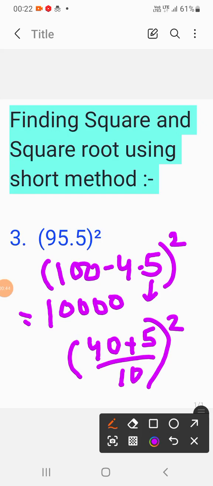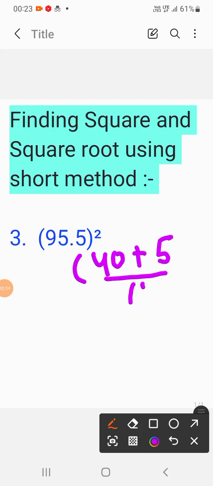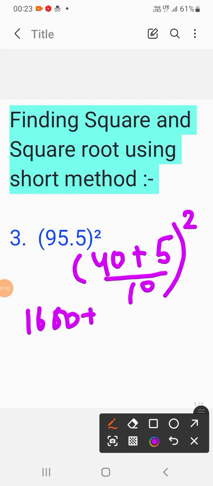Now we will solve this part. So 40 plus 5 upon 10 raised to the power 2. Square of 40, which would be 1600, and the square of 5, which would be 25.